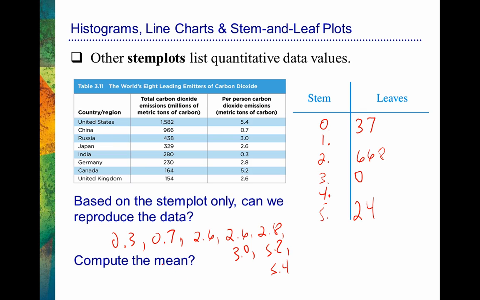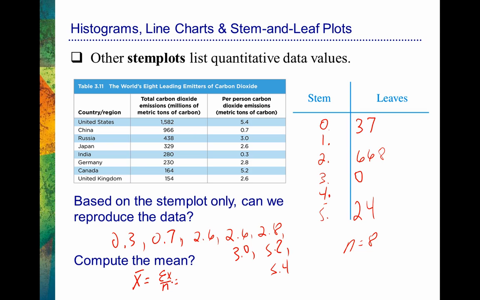Because now we can see real easily we have 1, 2, 3, 4, 5, 6, 7, 8 different data points. And of course we could have seen that from here too. So we know our n equals 8. All we need to find now is our sum of x. So we know that our mean, x bar, equals the sum of x divided by n.